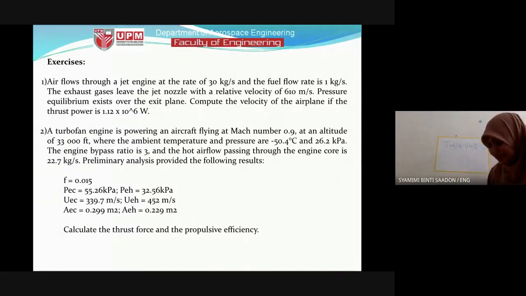Since this was the simplified thrust equation, I want to rewrite it in terms of the actual one, which includes the fuel mass flow rate, because the fuel mass flow rate is given here.